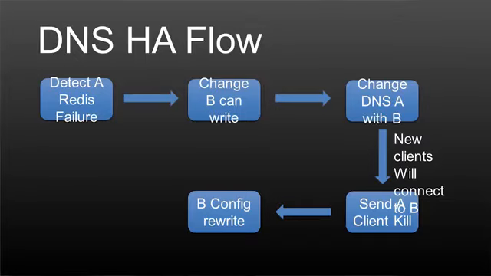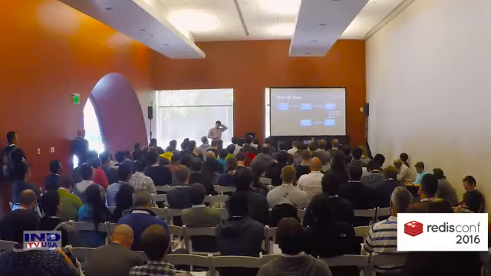First of all, imagine A is the original master and B is the original slave. So detect that A has failed. You can use Sentinel or your own monitoring system. In this case, we use our own monitoring system. And second, change the slave to writable.